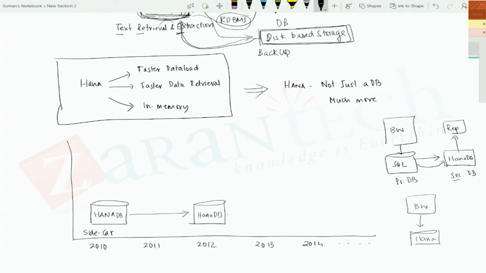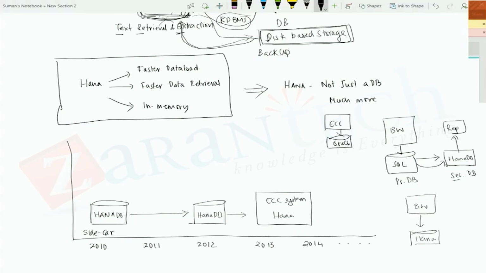When that became popular, organizations started feeling the benefits, reaping the benefits of HANA being their underlying database. They started moving into bringing their ECC systems, their traditional systems, onto HANA database. So let's say, for example, a company was running its SAP ECC on Oracle database or any traditional database.